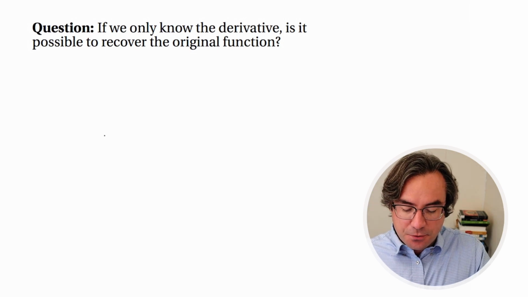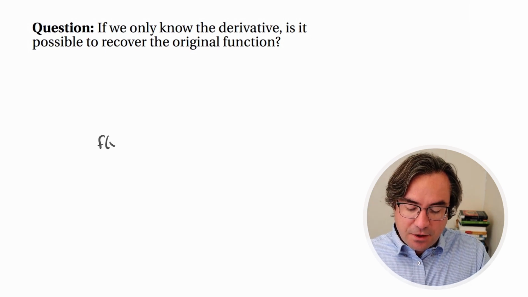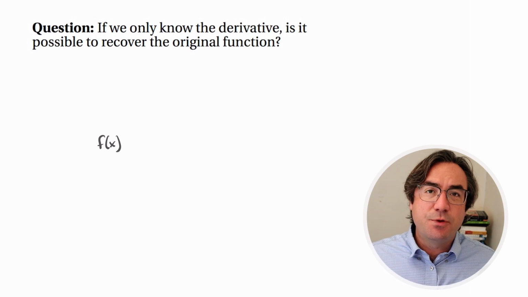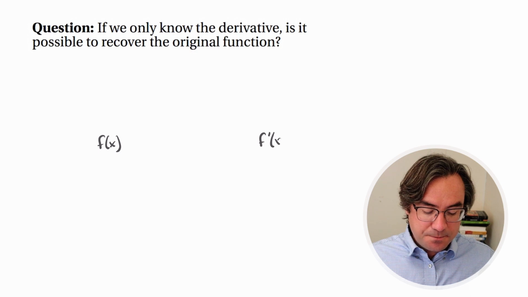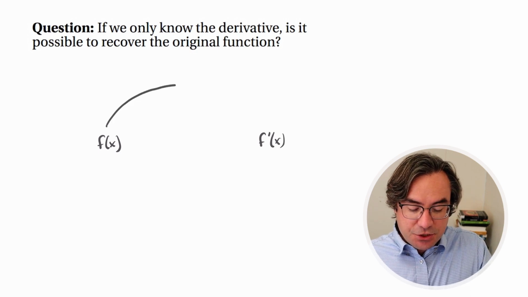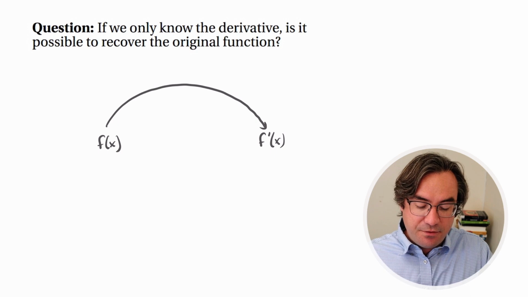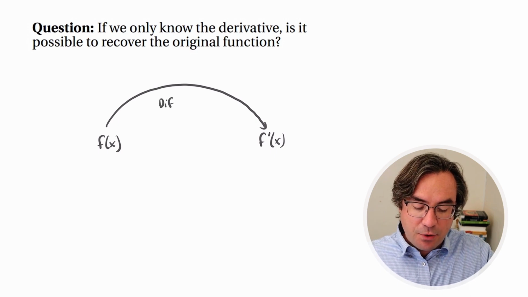is, let's suppose everything we've done in the class so far we've been working with functions, and we've learned a whole bunch of rules that allow us to calculate the derivative of a function. We call that process differentiation.